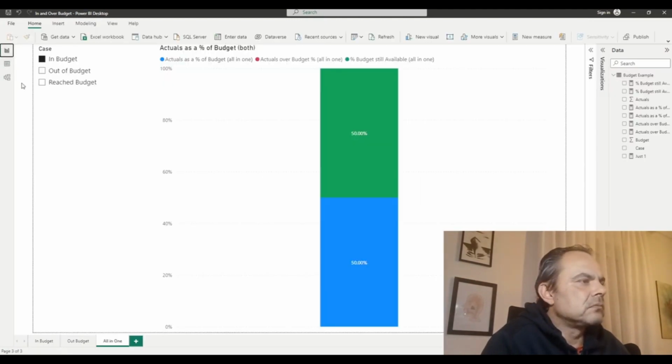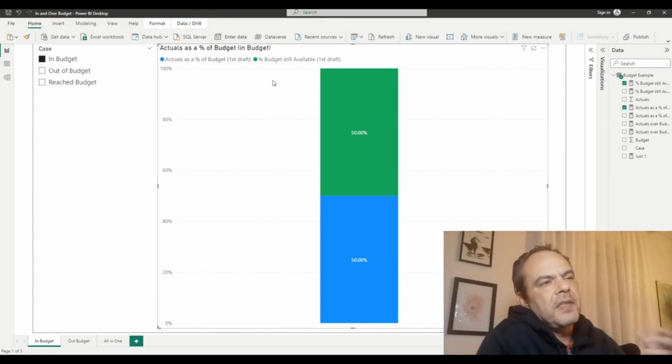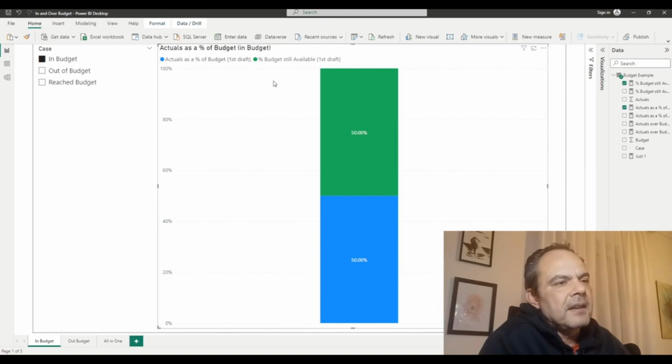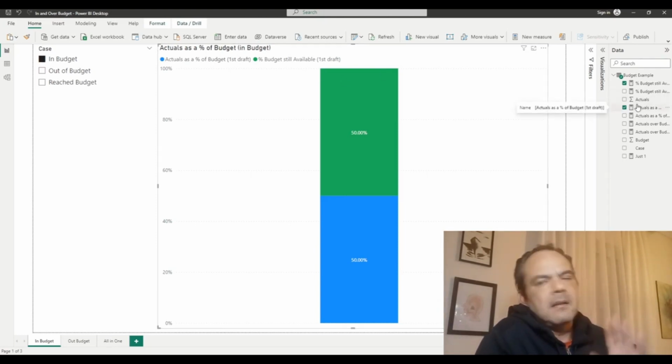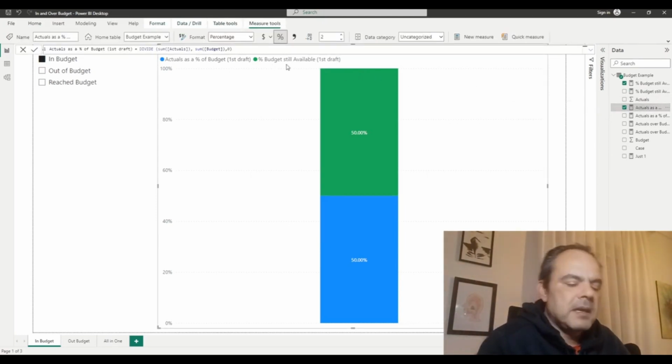So we can start with the first graph, which is how we would think about expressing the actuals as a percentage of the budget as a first draft.